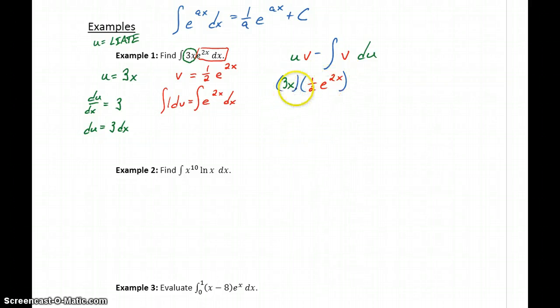So we're not integrating this portion. This is literally just taking our expression for u times v, and then minus what we will have to integrate, which is v, so 1/2 e to the 2x, and then du, 3dx.